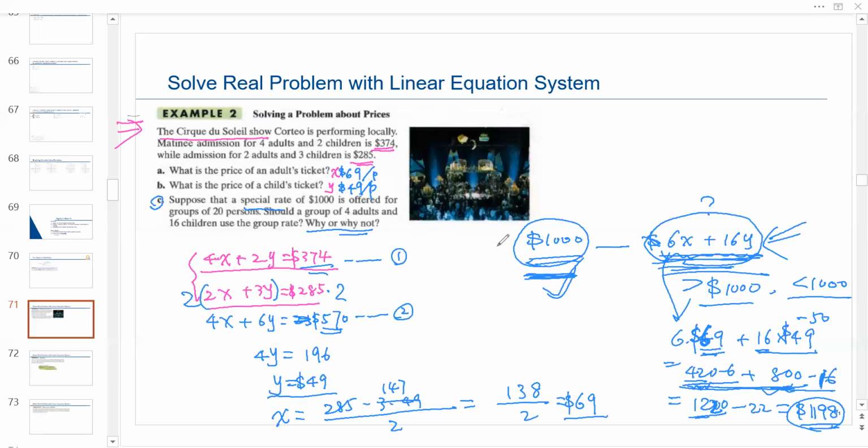But if you buy the group ticket, you only pay $1,000. So this one is bigger. This part spends much more than the group rate. So of course we will use the group rate, right? Okay, so easy understanding, right? Anyone has questions here?